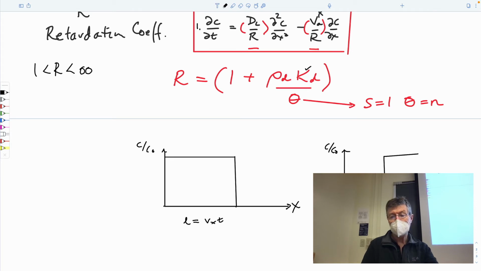And this length, time, what do we have? Velocity is equal to length over time. So time is equal to length over velocity. These are the advective velocities, of course, right? So this is the case where dl is equal to 0. If we have dl not equal to 0, then it will look like this.